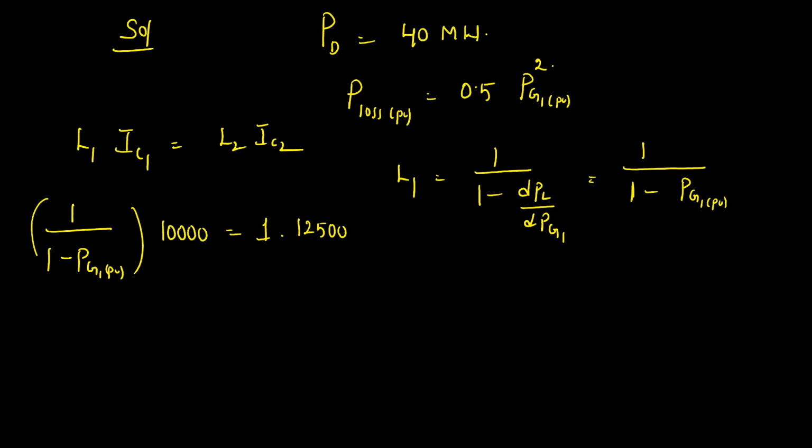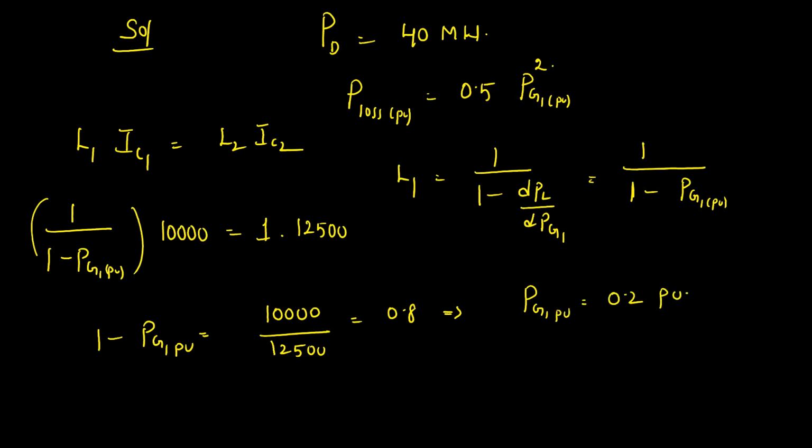By simplification, 1 minus Pg1 per unit is equal to 10,000 divided by 12,500, which is 0.8. So Pg1 per unit will become 0.2 per unit.